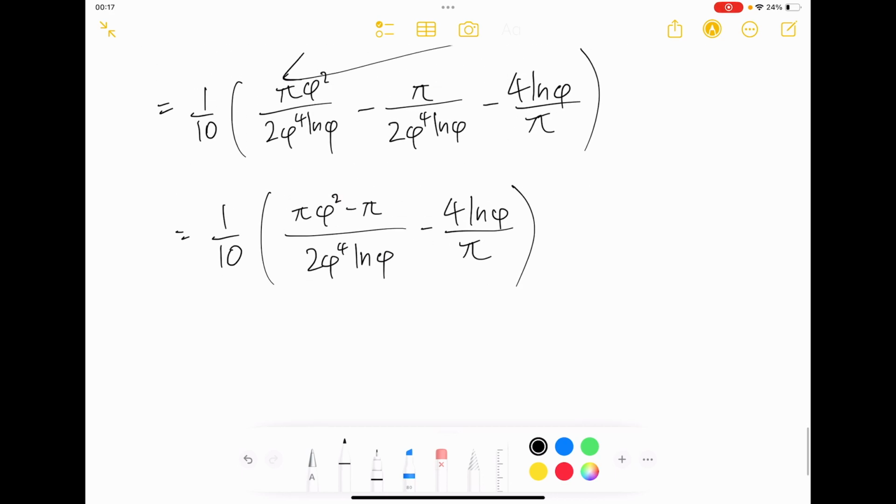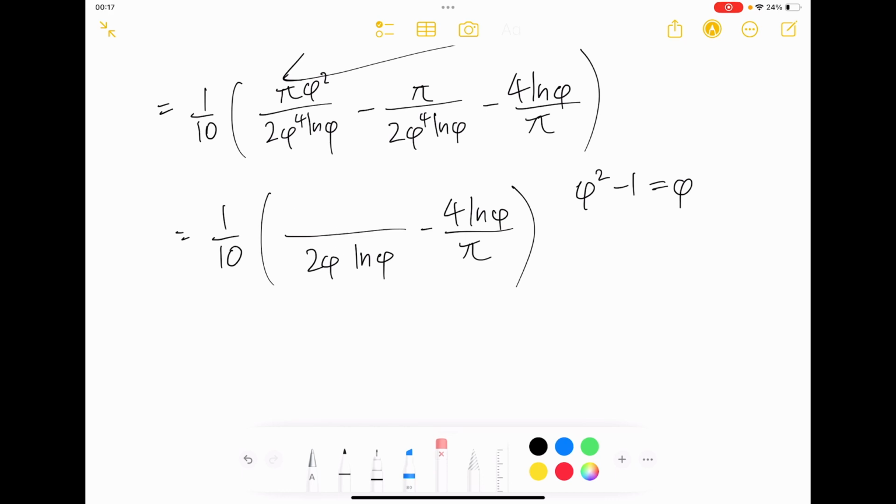Sounds right. And actually, let's factor out pi here. So we'll get golden ratio squared minus 1. But special property, golden ratio squared minus 1 is the golden ratio. So that's just the golden ratio. And that cancels out with one of these.